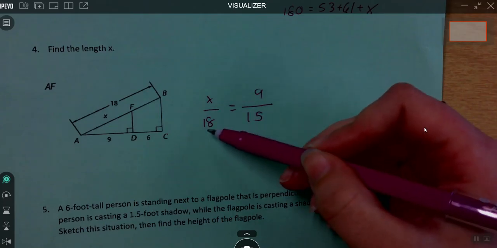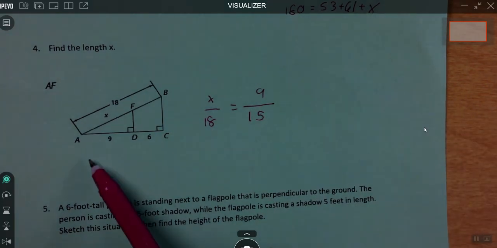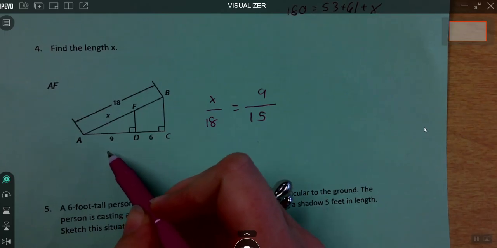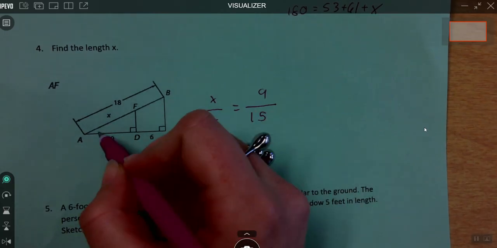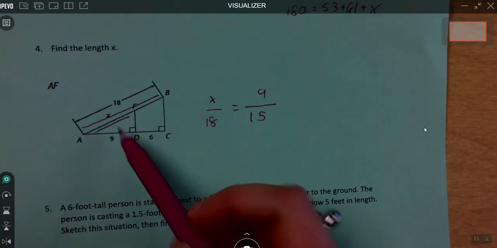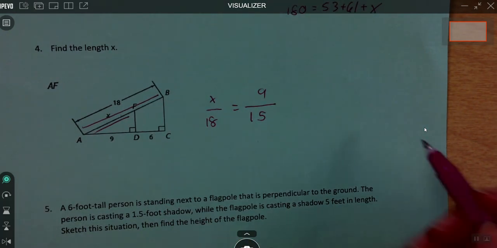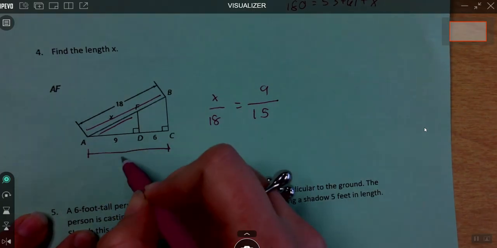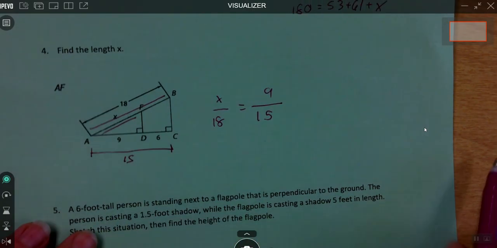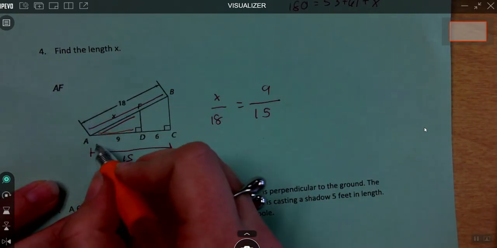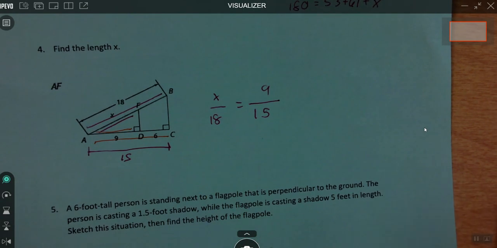No, x over 18? You're right, because of the corresponding sides of this entire figure. Those are both the hypotenuse. When we added 9 and 6, we got 15. So now we're talking about the other sides, 9 and 15, the corresponding sides of the triangle.